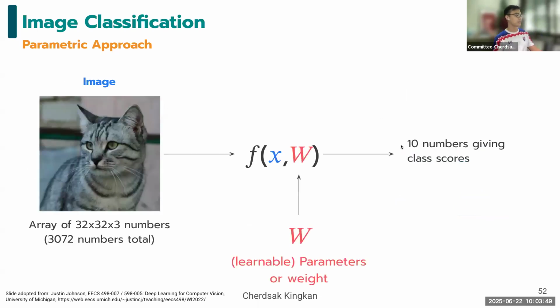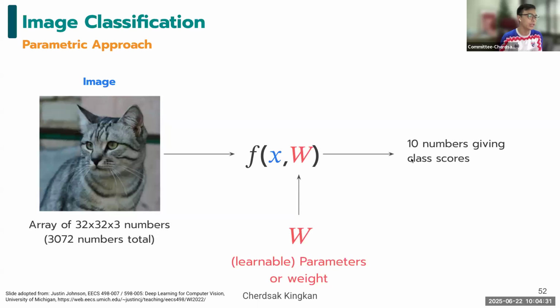If we have an image, an array of 32 by 32 by 3, that's the number of pixels, so we have a total of 3072 numbers. We feed these numbers, which are the features, into a function f, which is a function f of x and w. This w is what we call a learnable parameter, or weight.